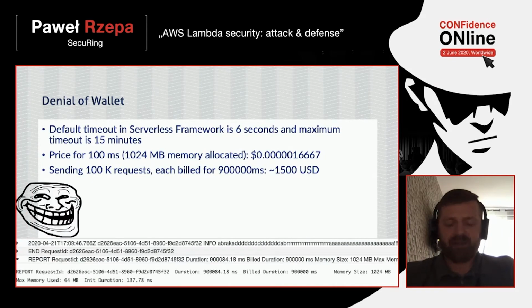So if an attacker uploads 100,000 requests and each is billed for 900,000 milliseconds, then you will be charged 1,500 US dollars. For example, as you can see in my screenshot from CloudWatch logs, if the attacker uploaded the file called abracadabra 100,000 times, then it would cost 1,500 US dollars.